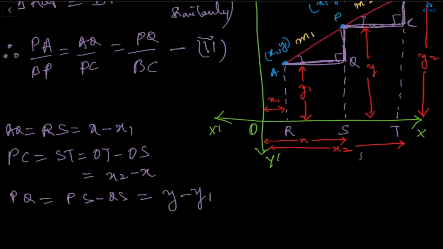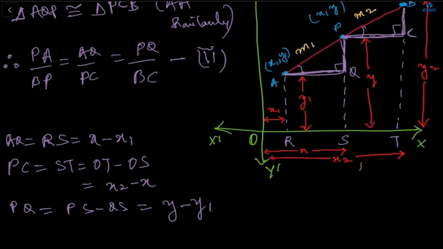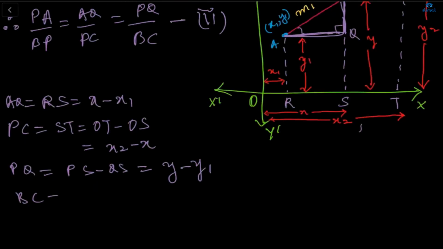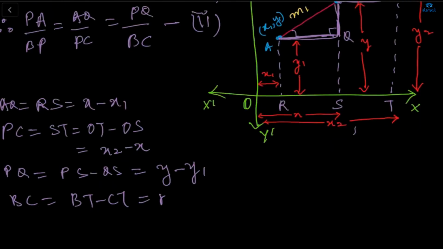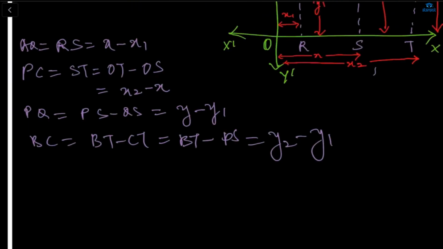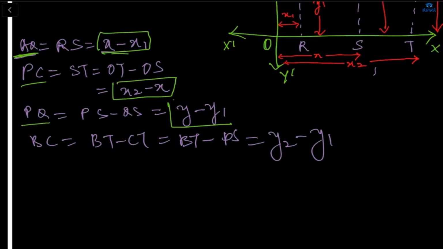Similarly, BC can be written as BT minus CT, which is equal to Y2 minus Y1. Understood? So AQ you have got as X minus X1, PC as X2 minus X, PQ as Y minus Y1, and BC as Y2 minus Y1.